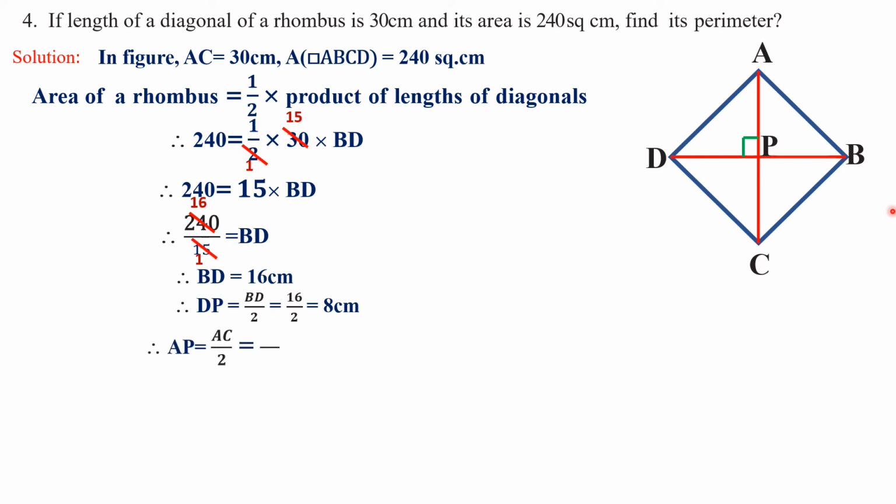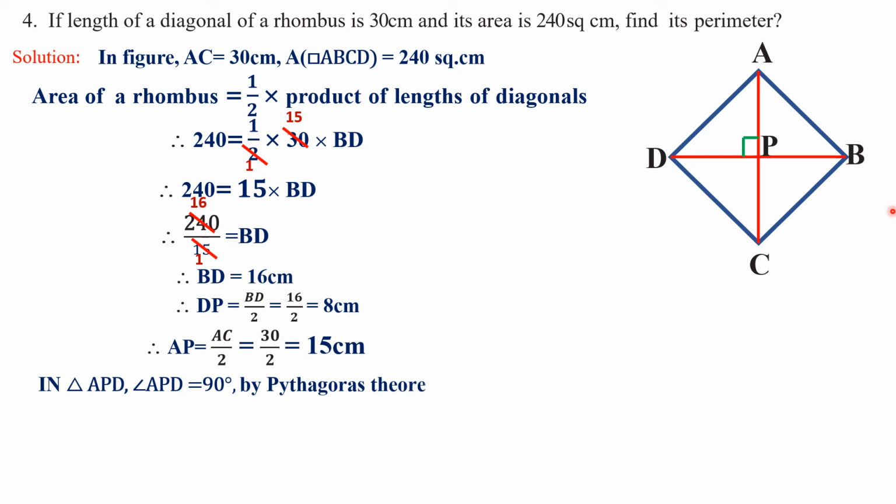And AP is equal to AC upon 2. 30 upon 2 is equal to 15 centimeter. Now in triangle APD, angle APD is equal to 90 degrees.